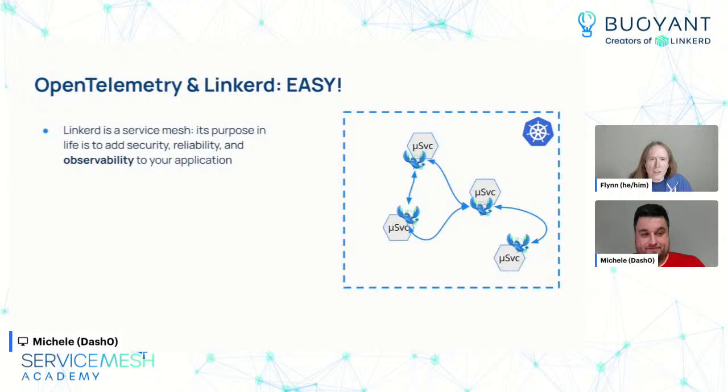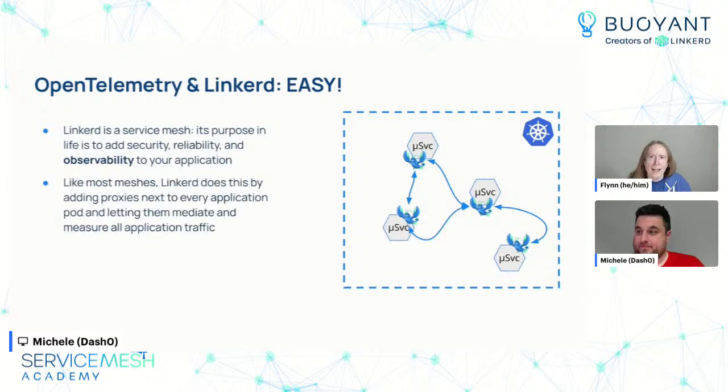Linkerd does its meshiness stuff by sticking a proxy next to every one of your application pods and then letting those proxies mediate and measure all of the traffic happening around in the application, which means that Linkerd is in an excellent position to add information that distributed tracing systems like OpenTelemetry can use, because it's already seeing all of the requests going back and forth.